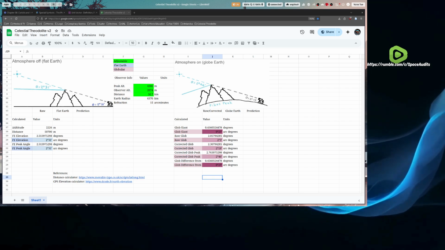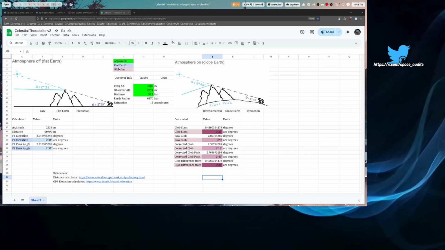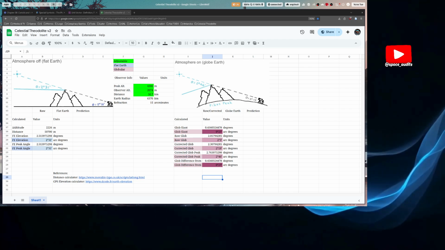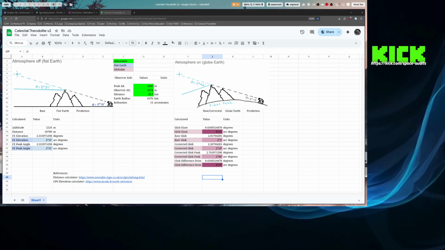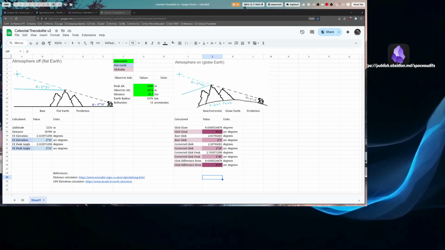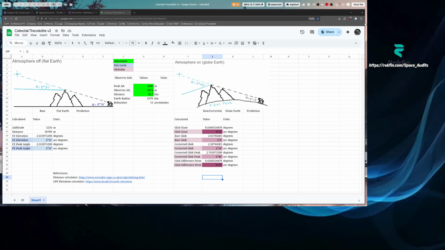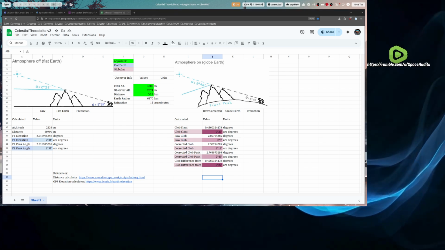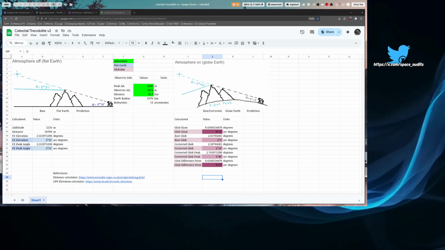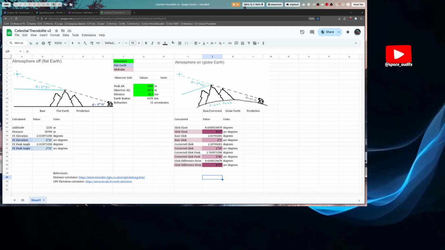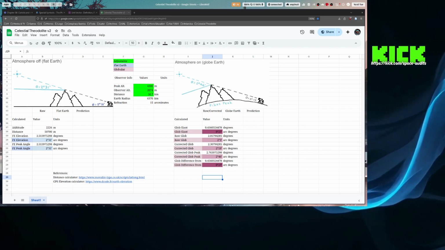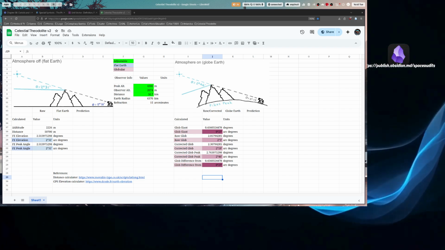So that would give you a larger difference. Yeah, it's going to give you 46. Exactly, so 46 minus 31 is like 15 arc minutes.